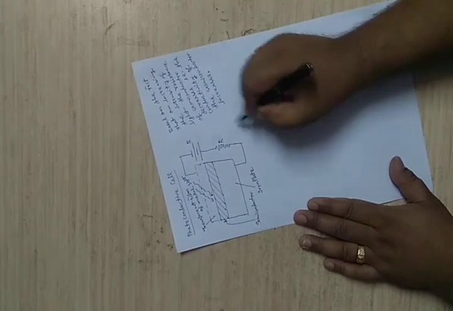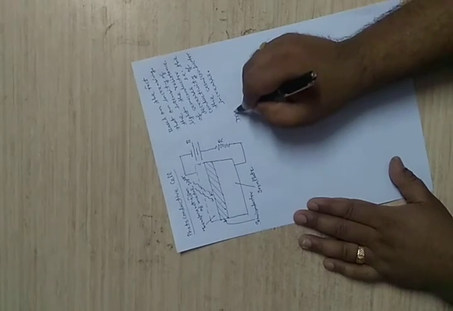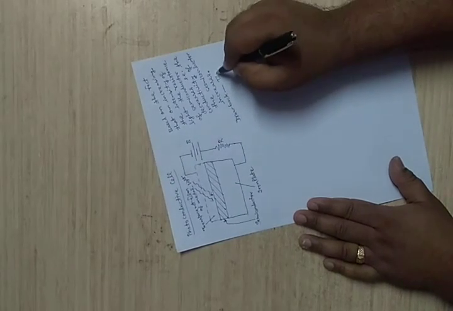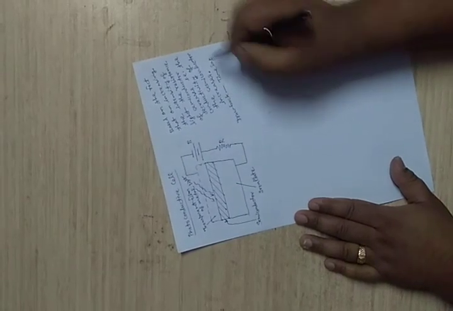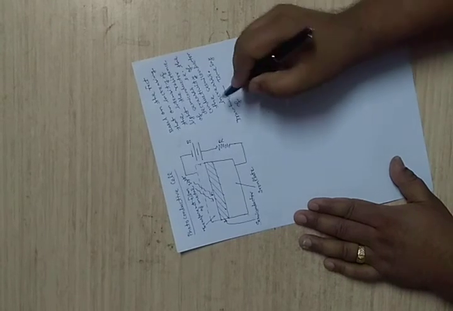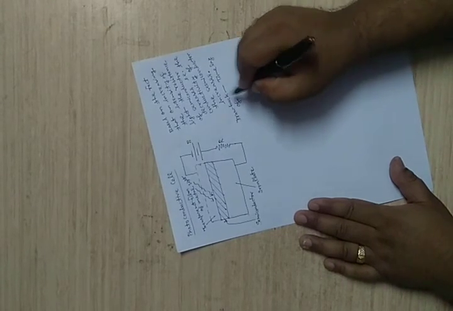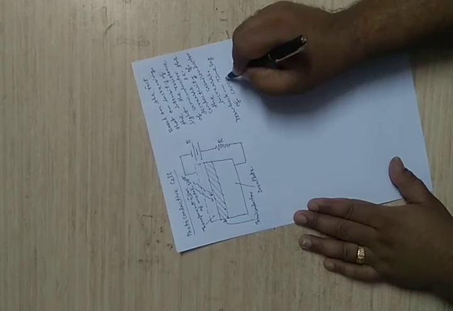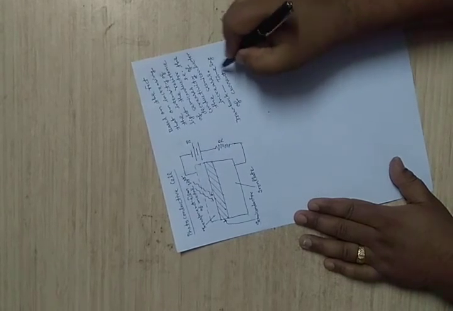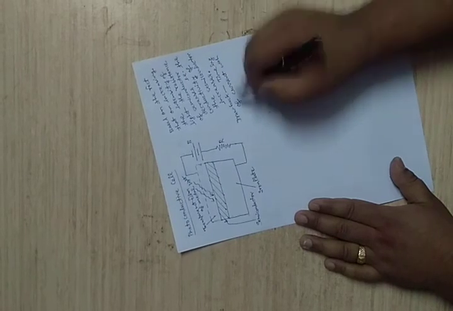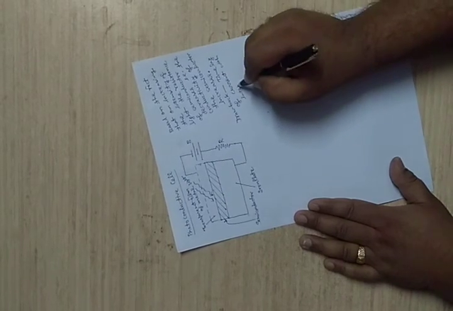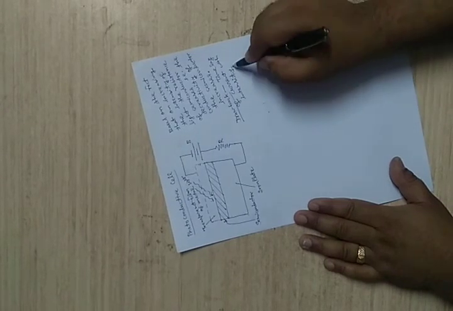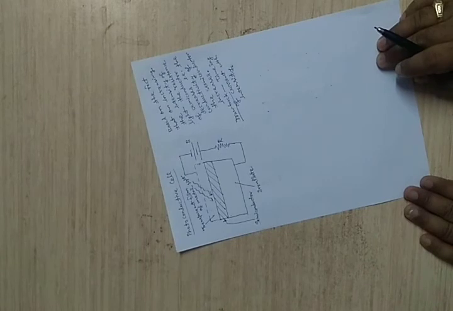And the drawback or limitation, we can say, drawback is time lag of current with intensity. So this is photoconductive cell.